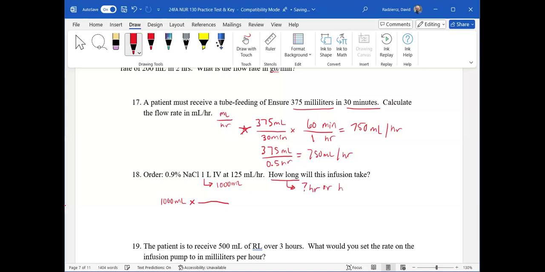Or how many hours, minutes, okay? So what I'm going to do is get rid of milliliters and convert it to hours, and I'm going to do so using the infusion rate. 125 milliliters, 1 hour. If I was writing this up like an ordered over available setup, it would look like this.